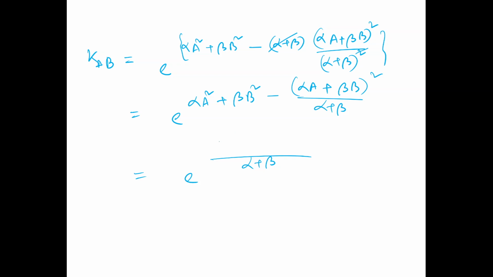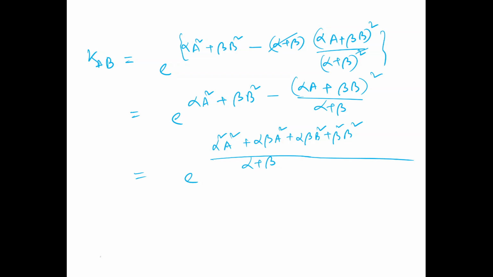So it will be alpha square A square plus alpha beta A square, plus alpha beta B square, and beta square B square.